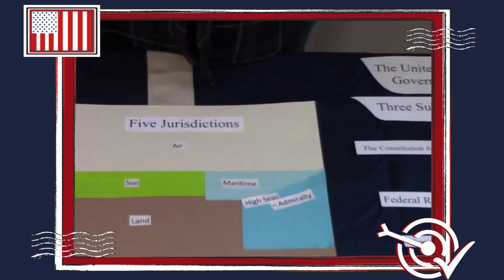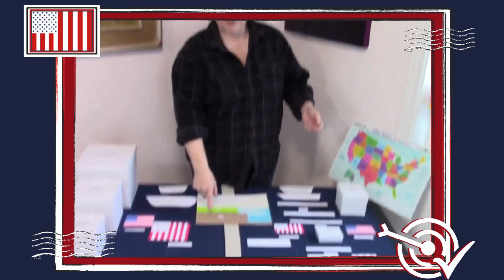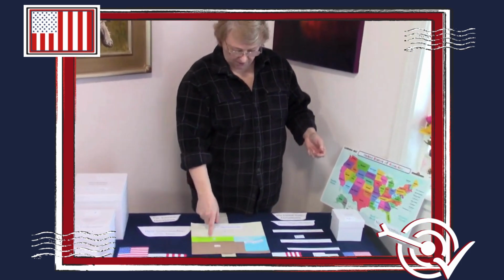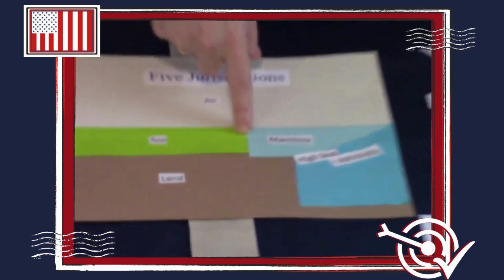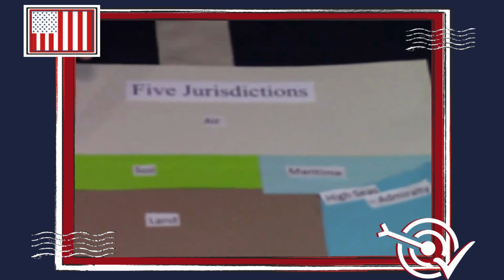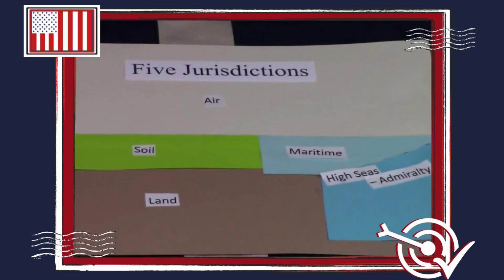The air exists overall, and the land underpins or supports everything from underneath, even if it's under the sea, right? So the 2 primary jurisdictions are air and land for that reason. And then the soil and the maritime jurisdiction butt up against everything.